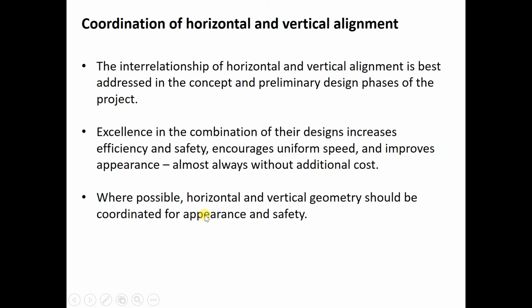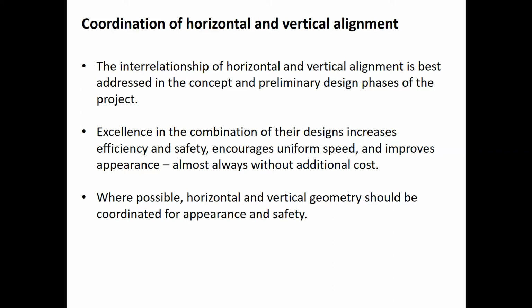Okay, so we have talked about the vertical curve. Roughly, we talked about how we design the vertical curve. It's a parabolic curve. We can find the length, and then we can also find the radius, which is equal to 100k.